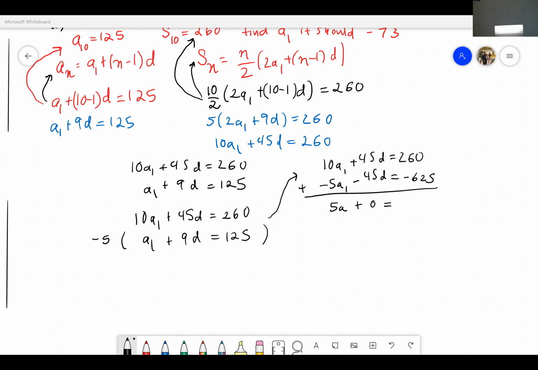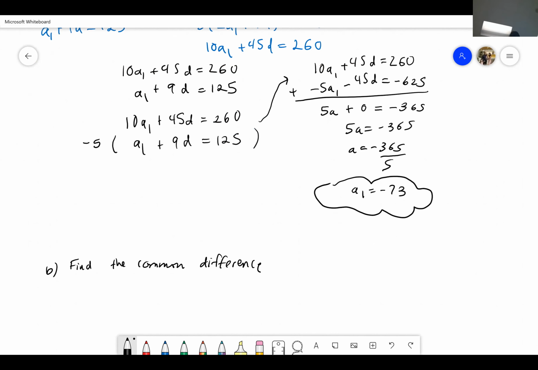That comes out to negative 365. So basically you have 5a equals negative 365, so a must equal negative 365 divided by 5. What does negative 365 divided by 5 equal? And have you shown that the first term is negative 73? Yep. So this is what you've done.